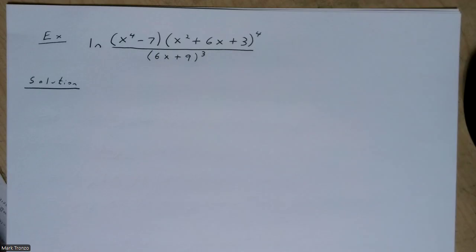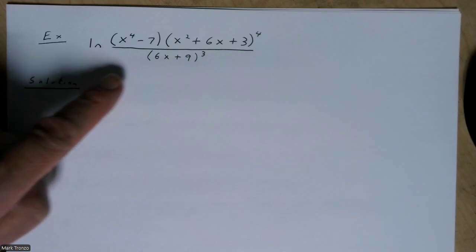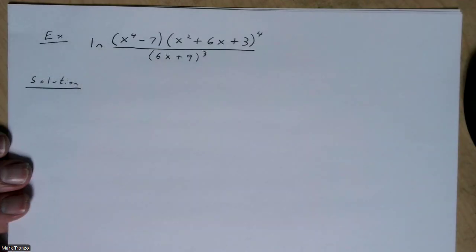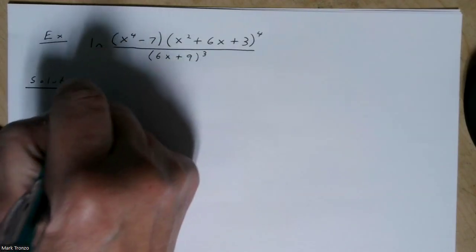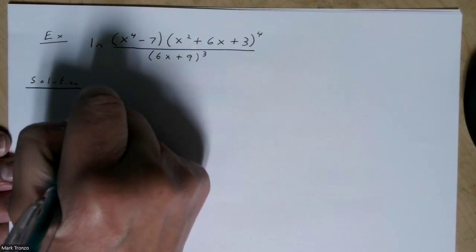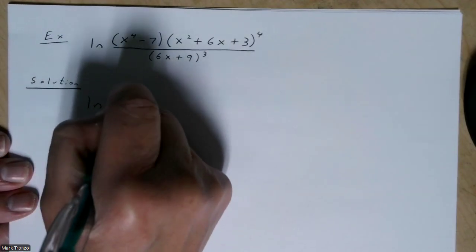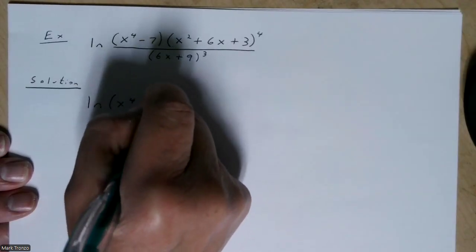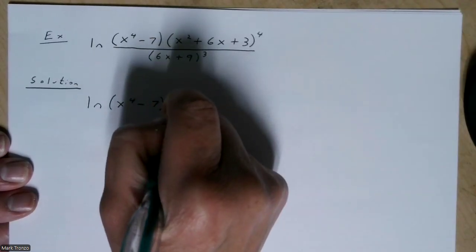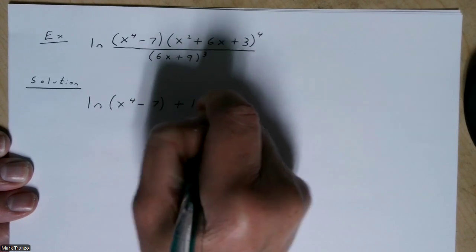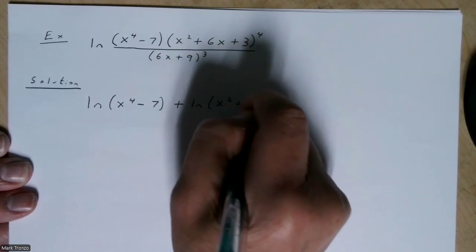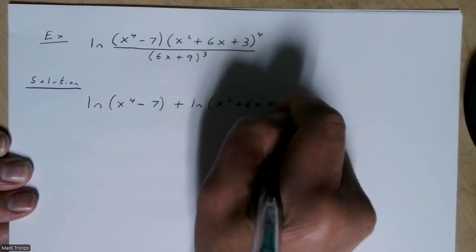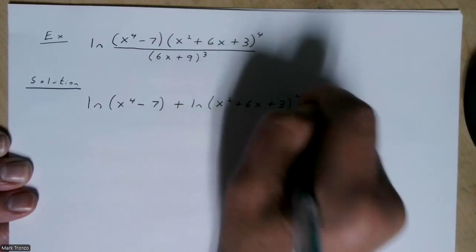Let's take a look at one more. Again, we want to write this as a sum or difference of logs. Once again, in the numerator, we have these two. So it can be written as ln of x to the 4th minus 7 plus ln of x squared plus 6x plus 3 to the 4th.